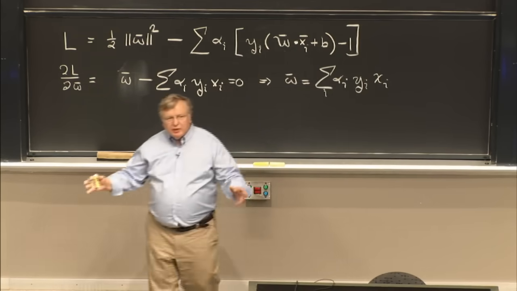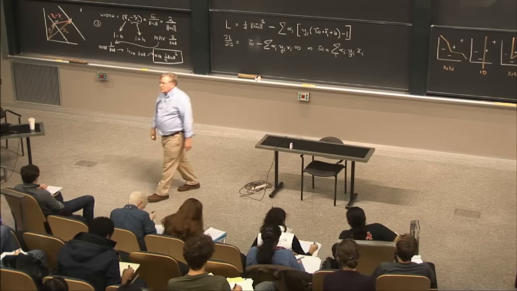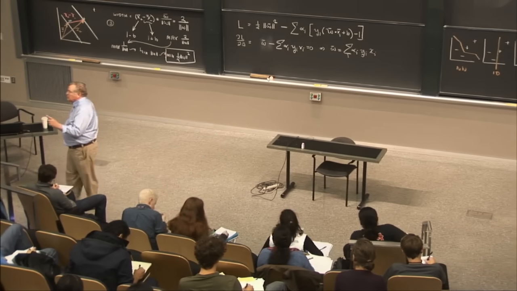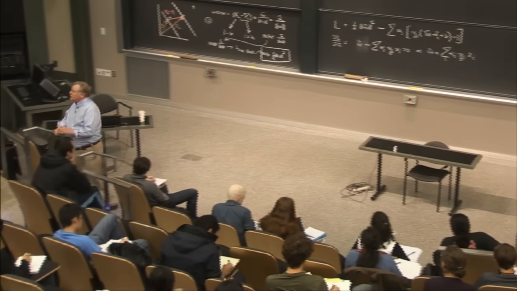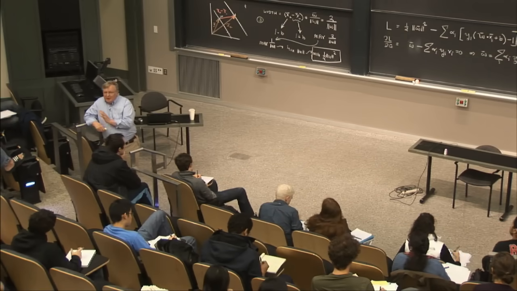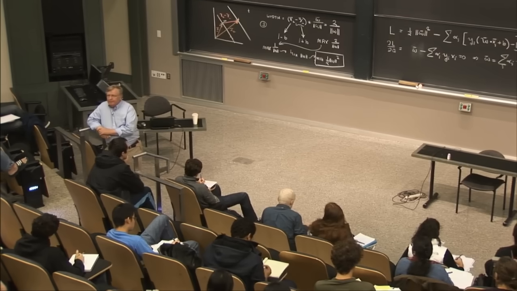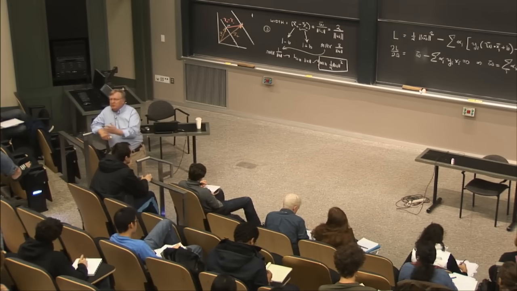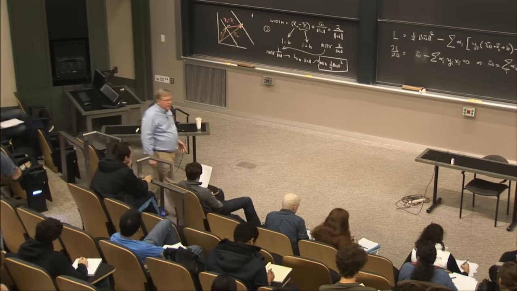And now the math is beginning to sing, because it tells us that the vector W is a linear sum of the samples, all the samples or some of the samples. It didn't have to be that way. It could have been raised to a power, there could have been a logarithm, all sorts of horrible things could have happened when we did this.